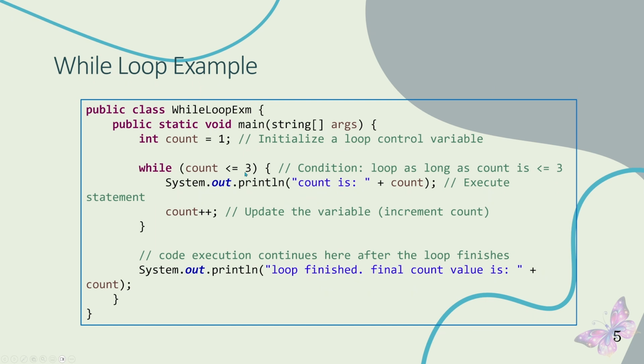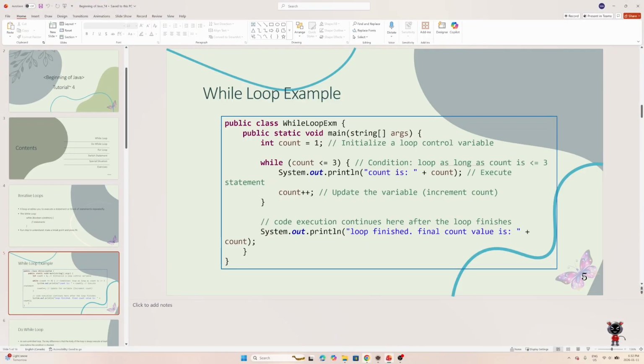When this condition is false, it will exit the while loop, and lastly it will print this line, which just says that the loop is finished, with the final count value. Let's see how it looks if I run this program.